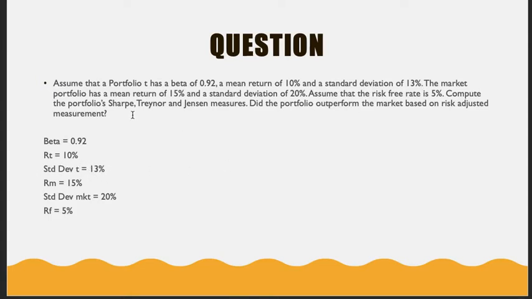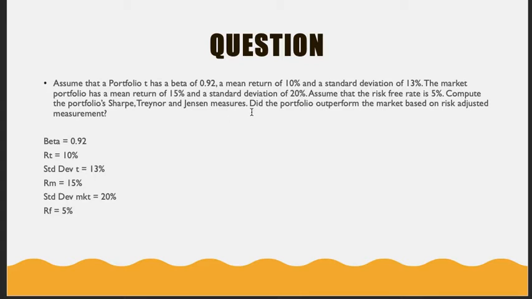The market portfolio has a mean return of 15%, so here R_M, the market return, is 15%, and a standard deviation of 20%. So the standard deviation of the market is 20%. Assume that the risk-free rate is 5%, so R_F is equal to 5%, and then compute the portfolio's Sharpe, Treynor, and Jensen measures.